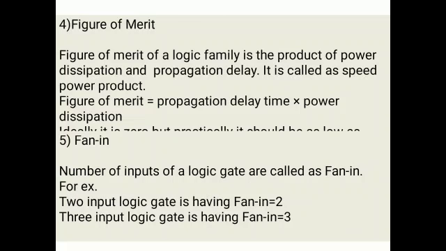Then we'll see the parameter figure of merit. It is the product of power dissipation and propagation delay. We just saw that power dissipation as well as propagation delay should be as low as possible. But this figure of merit, also called the speed power product, is constant.